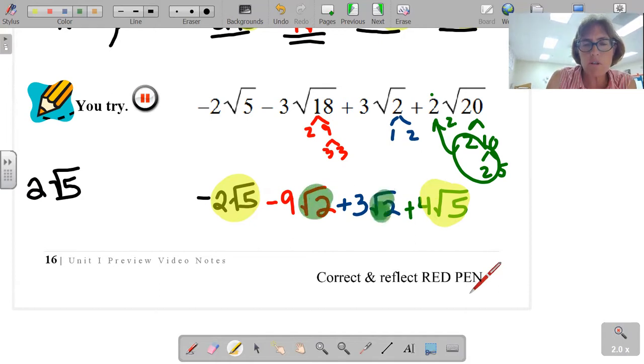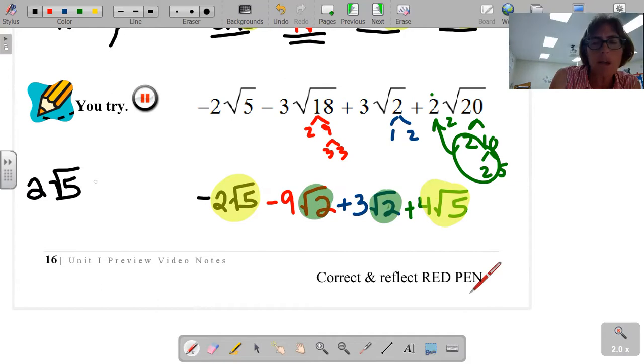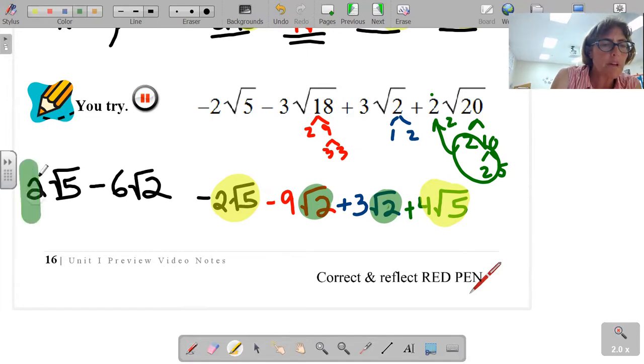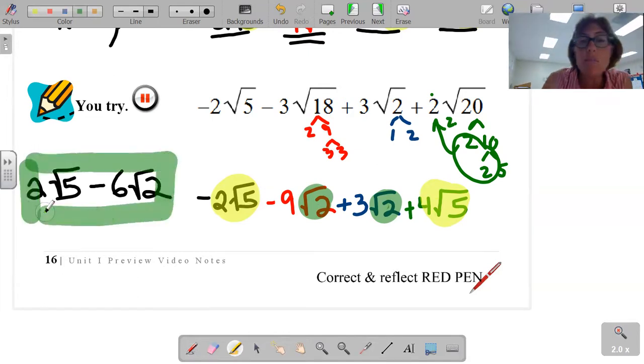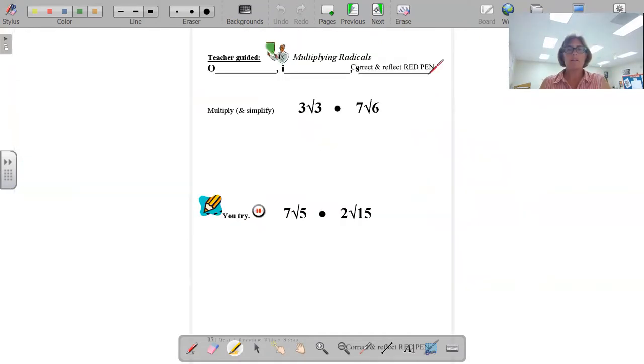And then -9 root 2 plus 3 root 2 is going to be -6 root 2. Now, if you just switch the order, that's perfectly fine. If you have -6 root 2 plus 2 root 5, that's fine. That's adding and subtracting radicals.